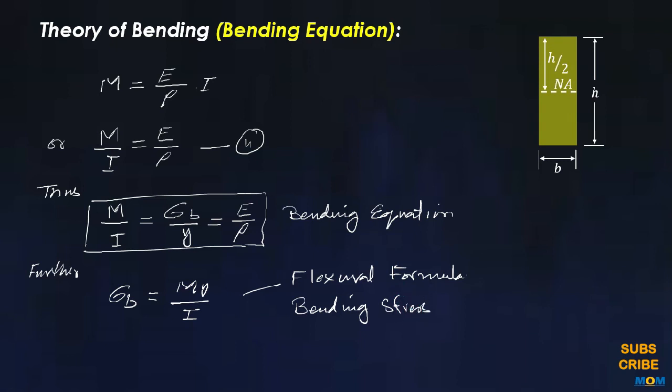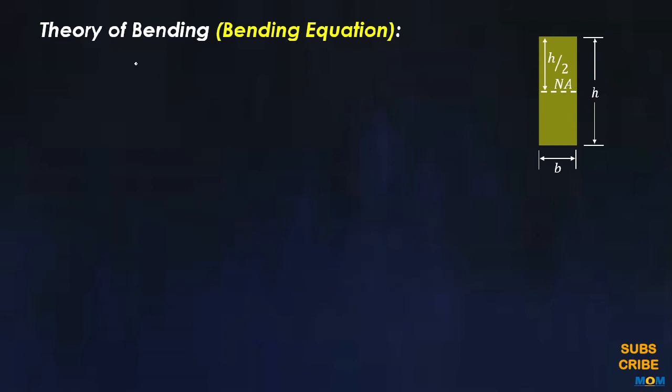Now for maximum bending stress sigma b max, the maximum bending moment M into C upon I. Now C is the, you can say, the maximum distance from the neutral axis.